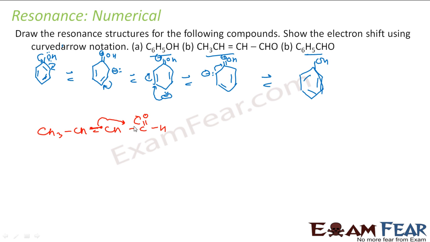So with this, the new structure which you get is, let me draw, CH3, CH single bond, CH double bond C, O minus, and then H, and here you will get a positive charge. Right? So these are the structures I'll be getting.